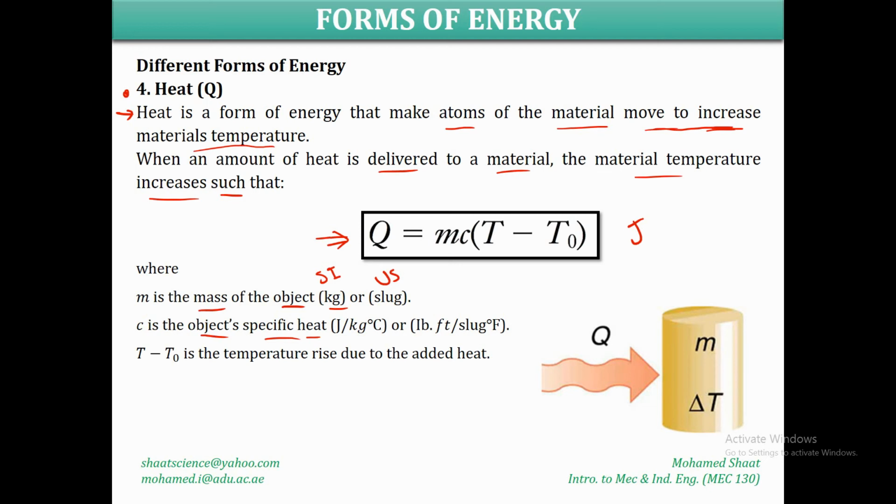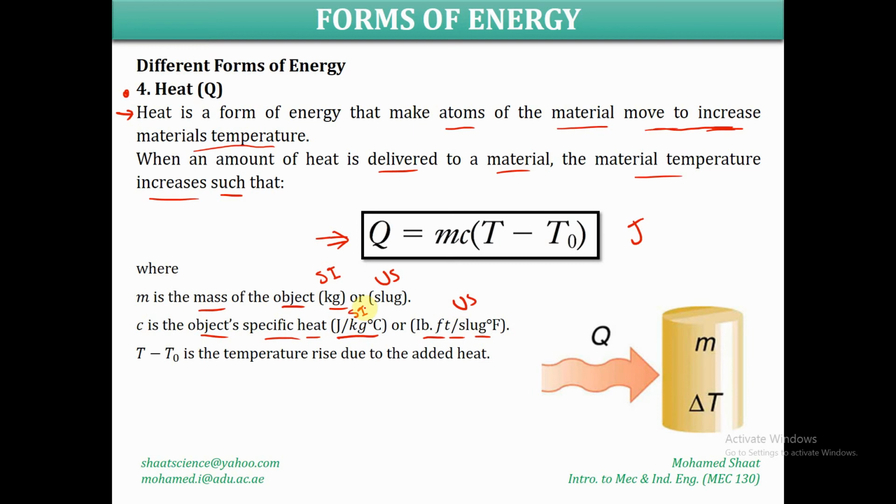So the ability of the material to absorb the heat delivered to it is measured by the specific heat, a material property, whose unit is joules per kilogram degree Celsius, or foot-pound per slug degree Fahrenheit if we are working with the US unit system.